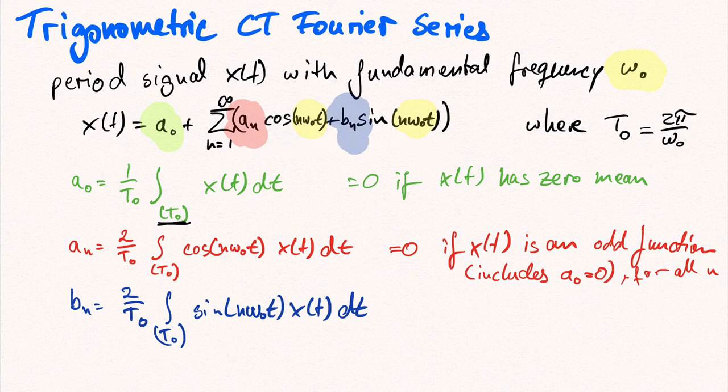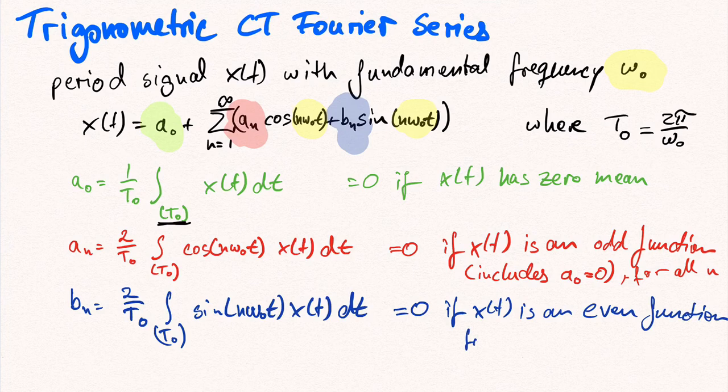And the coefficients bn are equal to 0 if x of t is an even function. And this is true for all n again. This again follows from the fact that if x of t is a purely even function, it can't be described by any odd sine terms.